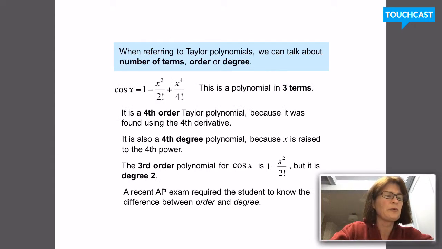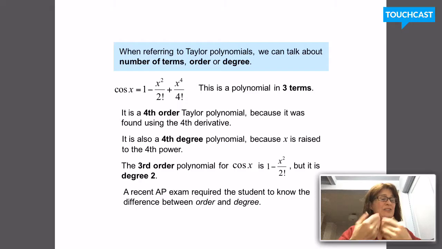And just quickly, I kind of threw around those words, order and degree. So you could be asked to find a Taylor polynomial with a specific number of terms. Frequently they'll say, write the first 4 non-zero terms of the Taylor polynomial. So then it's very clear, because you have to have 4 terms in your polynomial.